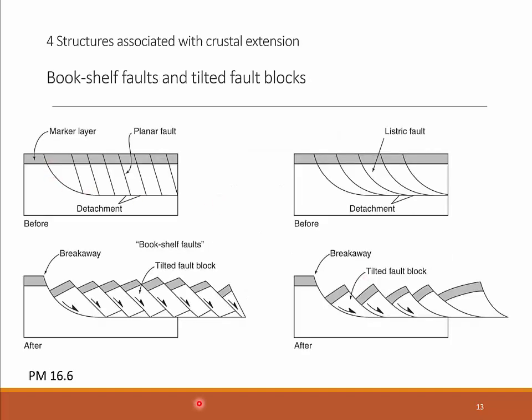Here we see slight variations of the features that we already have seen. On the left-hand side we see bookshelf structures. This is simply a Listric detachment fault that is overlain by a set of blocks separated from each other along planar faults.